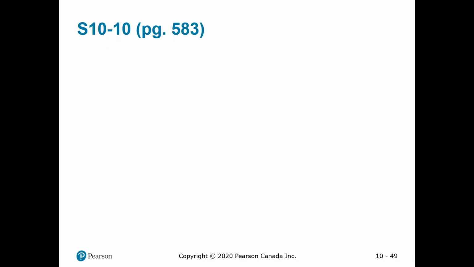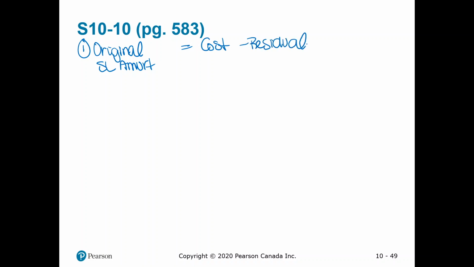So for those first 4 years, we use the original estimates that we had. So first step here, we say, well, the original straight line amortization was based on our cost minus the residual value divided by our estimated useful life.